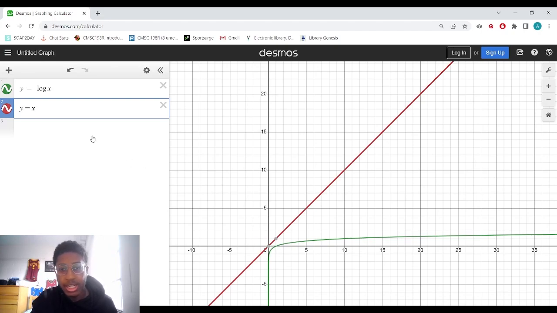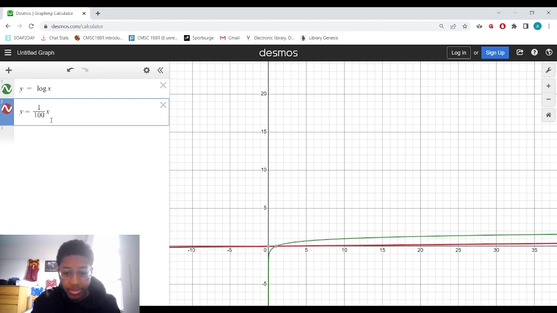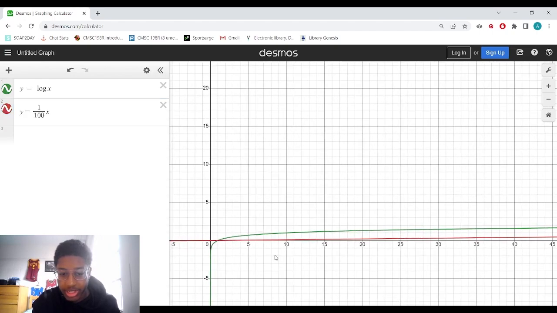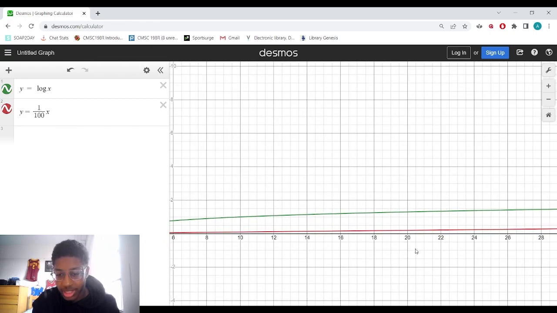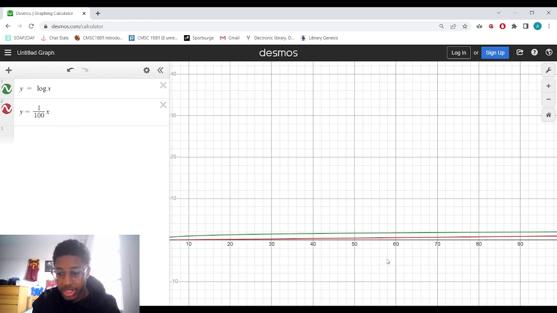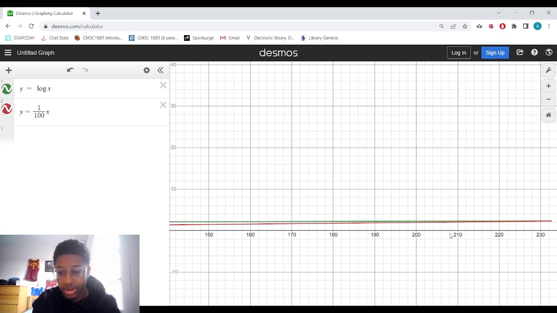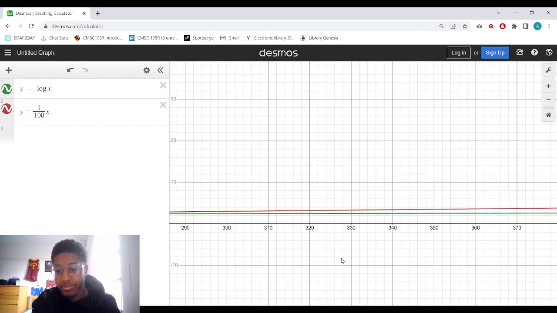However, if we add constants to these values, a linear algorithm could be faster than a logarithmic algorithm. For example, here, the linear function is faster for smaller sets of data. However, over time, eventually the log function will be faster than the linear function.